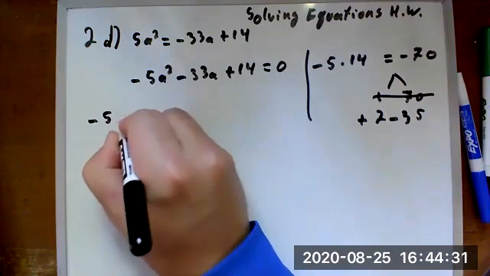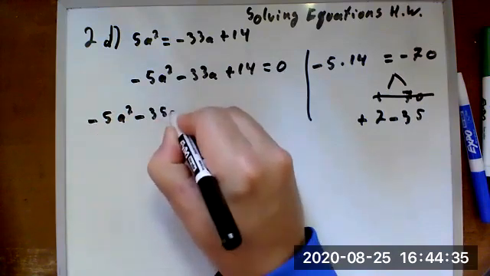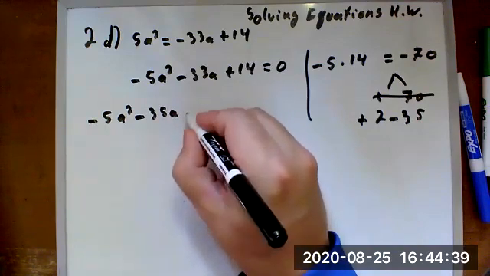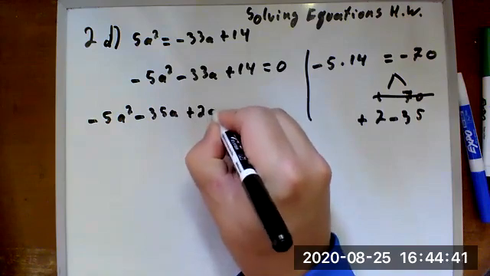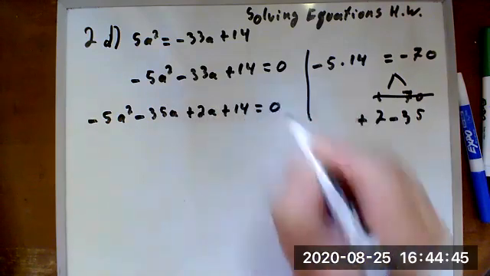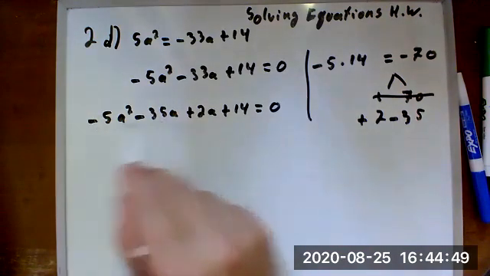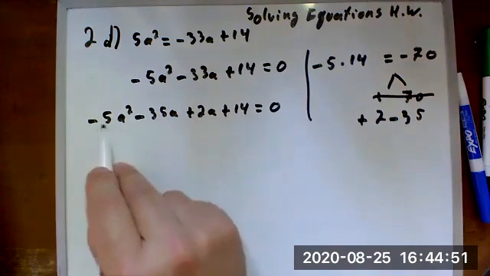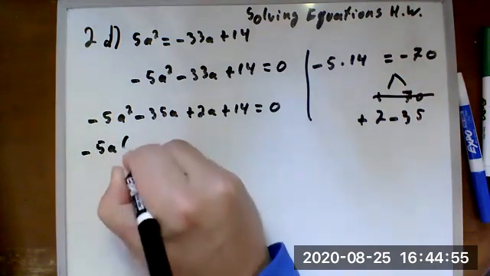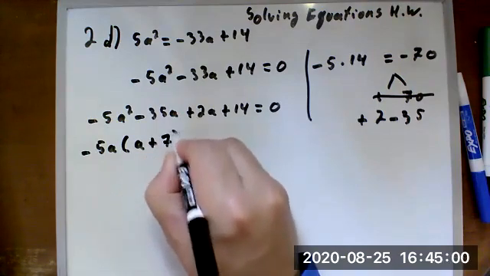So now we can rewrite this as negative 5a squared minus 35a plus 2a plus 14 equals 0. By grouping, out of the first two terms, I can pull out a negative 5a, which leaves me with a plus 7.